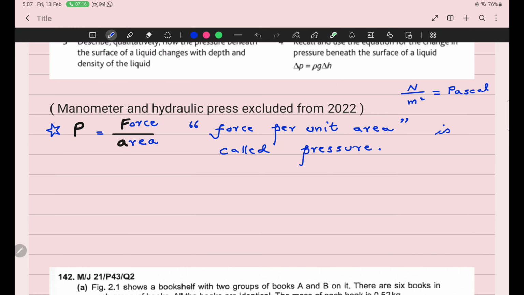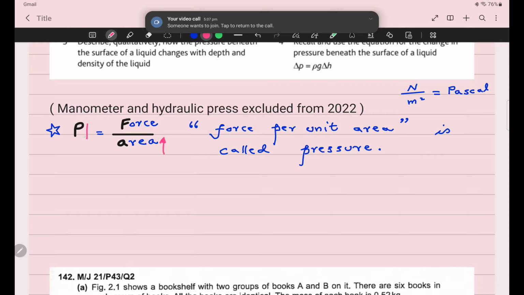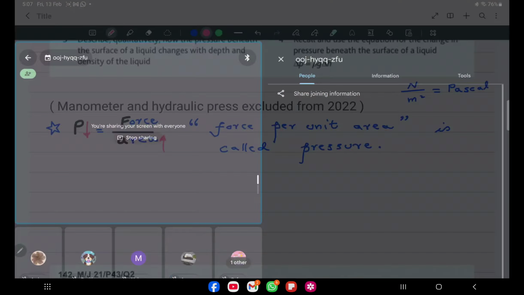Sir, what is the significance of force per unit area? The significance is, if you keep force constant and increase area, then it will reduce pressure.